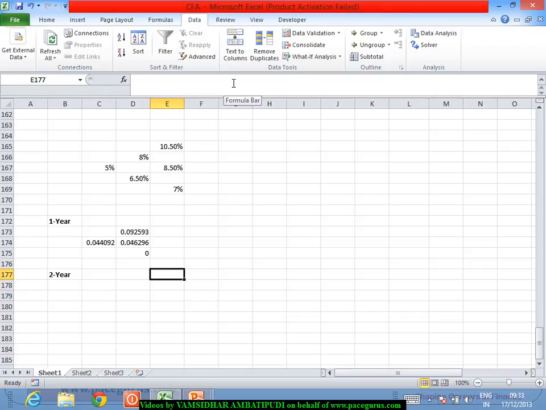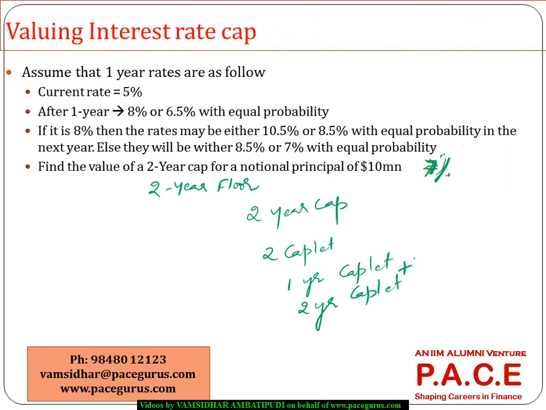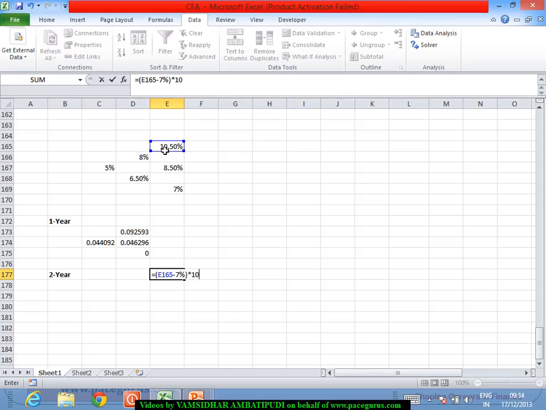So in this position, if the market rate goes to 10.5 million, what is the benefit? The payoff is going to be 10.5 minus 7% multiplied by what is the notional principal, 10 million per year, discounted by this particular interest rate, 10.5%.